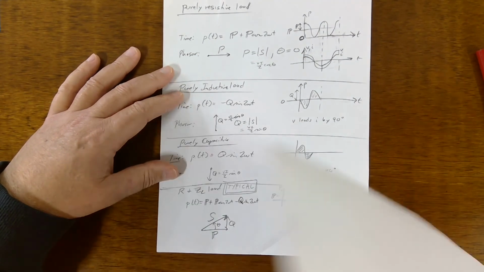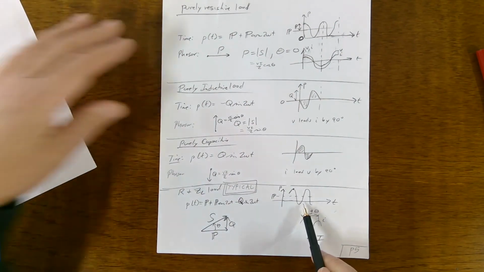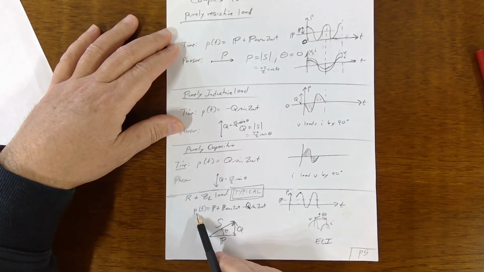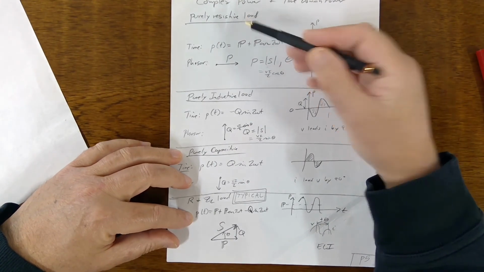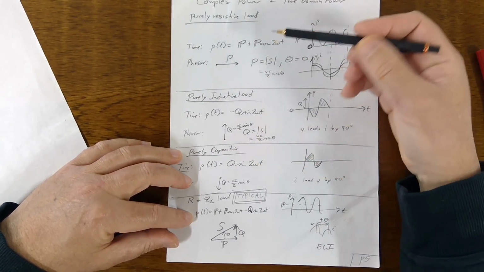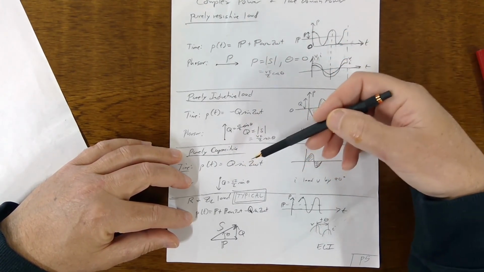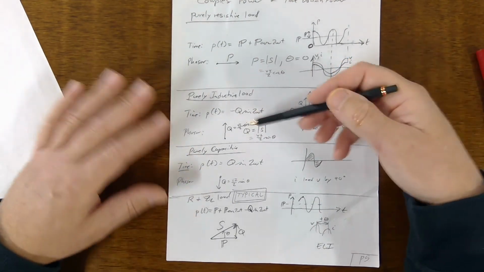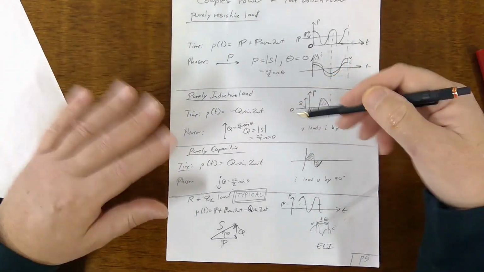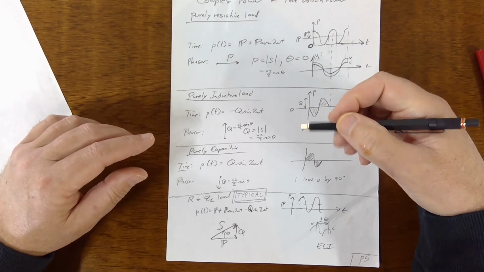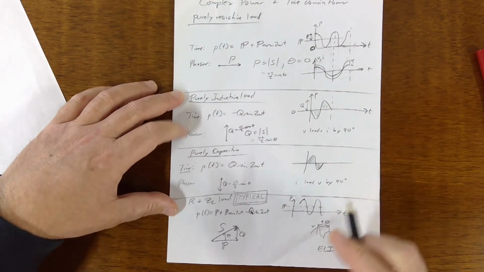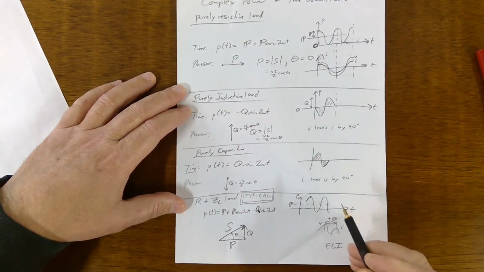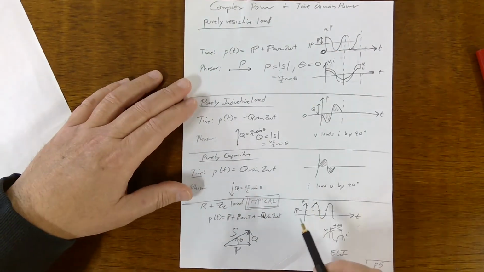Okay, typically though, the power is a combination of resistive and some reactance, either overall inductive or overall capacitive. It'll lean towards inductive or it'll lean towards capacitive, okay? So it'll be resistive and then some reactance, either inductive or capacitive, along with that resistive.